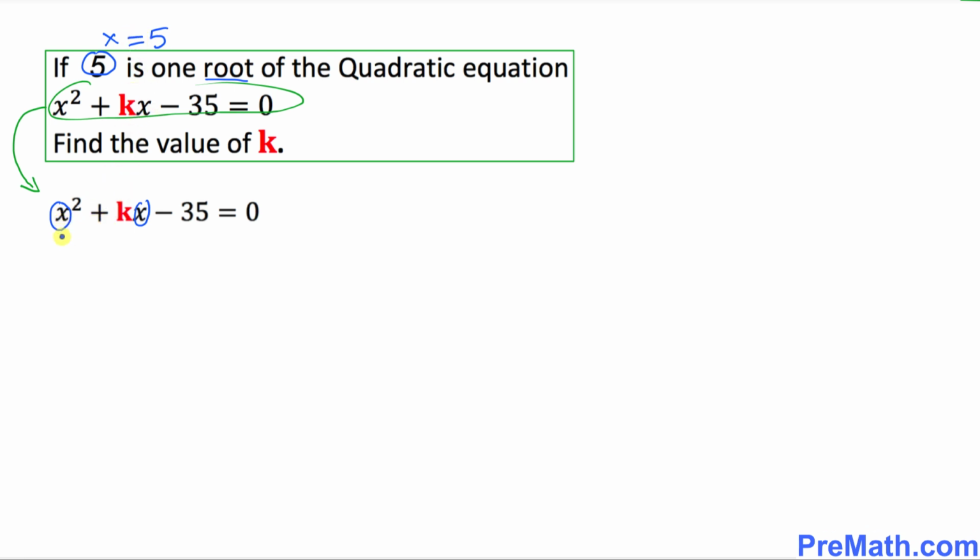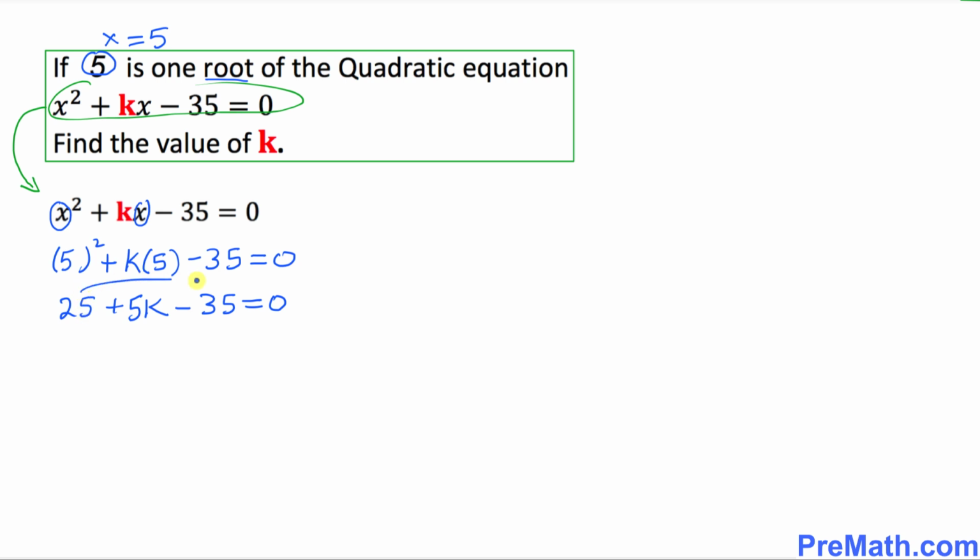So this equation becomes 5 squared plus k times 5 minus 35 equals 0. Let's simplify. 5 squared is simply 25, plus 5k, minus 35 equals 0.